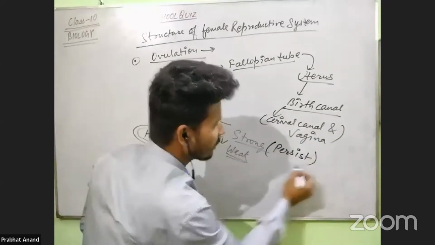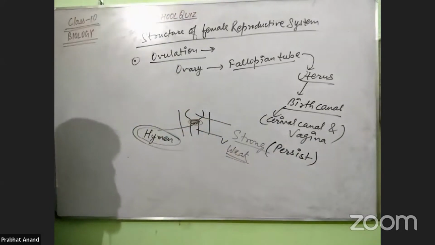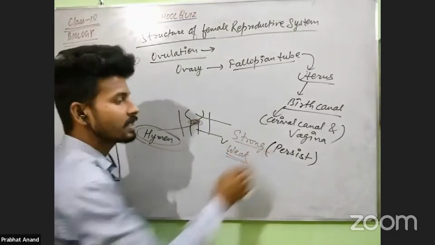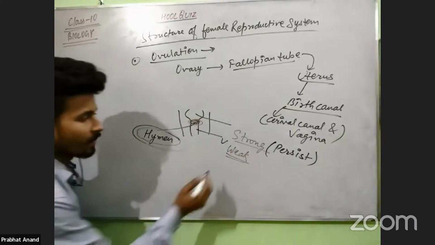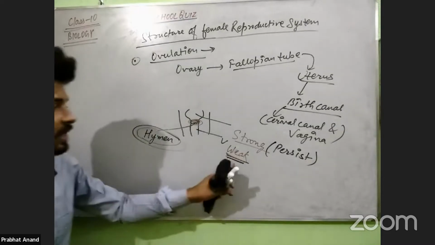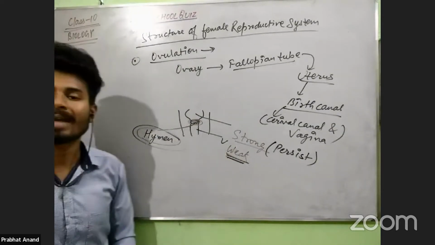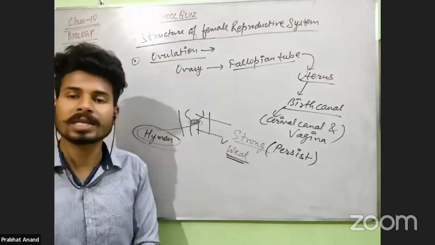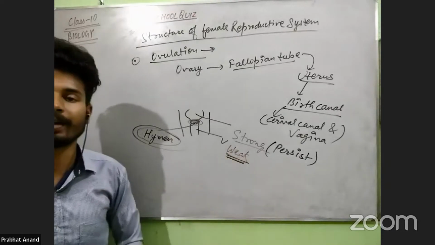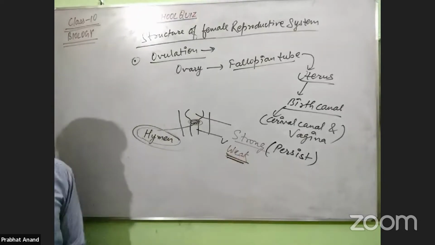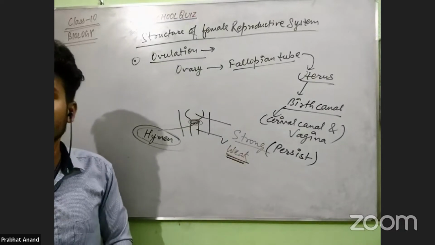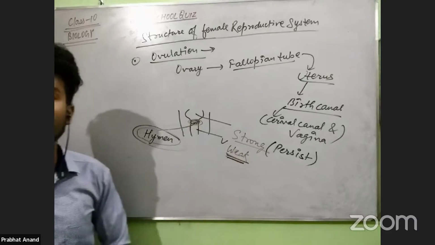In some cases, even after the intercourse between the male and the female, the hymen persists. But in some cases we consider it weaker. In the weaker cases, sometimes physical activities like horse riding, cycling, or high jumping break the hymen, and in those cases the girl did not experience intercourse, but the hymen is still lost.